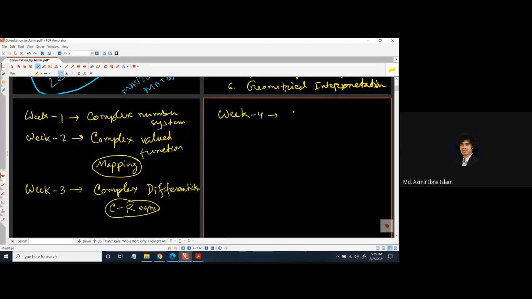So that functions may be exponential function, it may be logarithmic function, it may be trigonometric function. We may also have hyperbolic function. In summary, we can say we will learn about elementary functions.